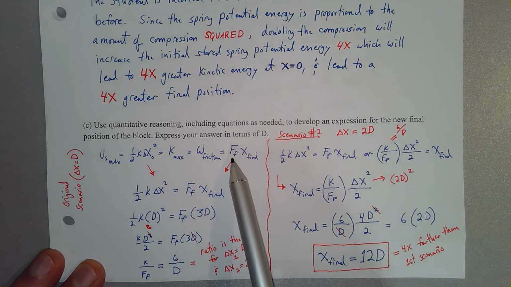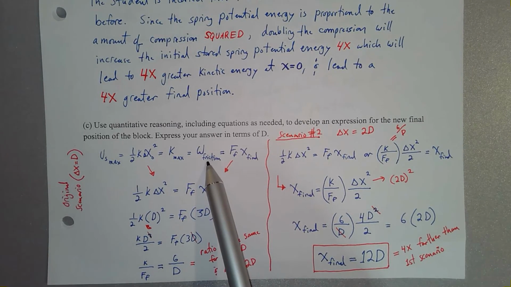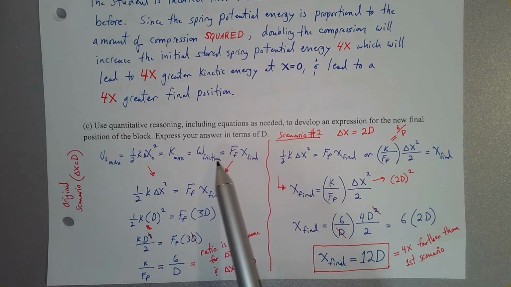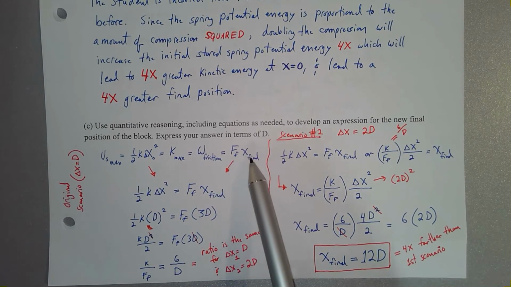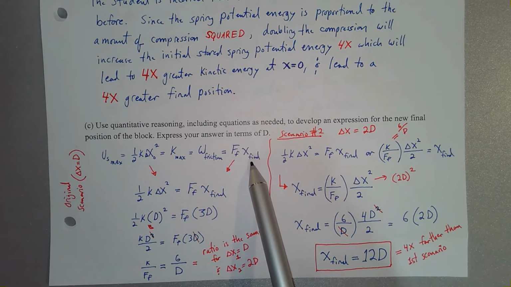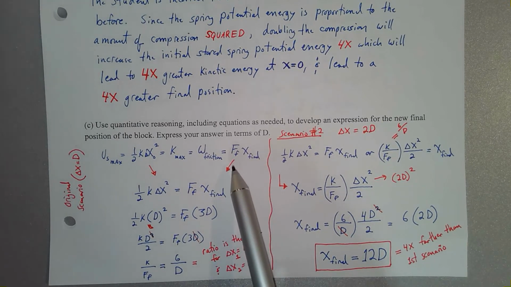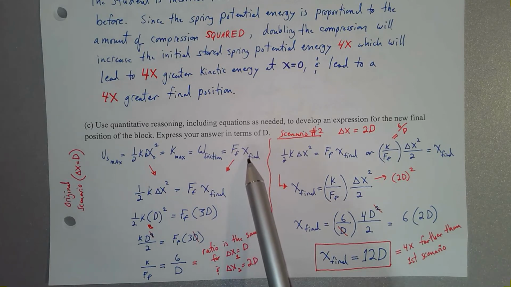The work on something is equal to the force it feels times its displacement, right? Or the negative work done by friction is equal to the force of friction that the block feels times the total distance the block moves, which will be equal to the final position it reaches, because it starts at a position of 0 when the negative work is started.